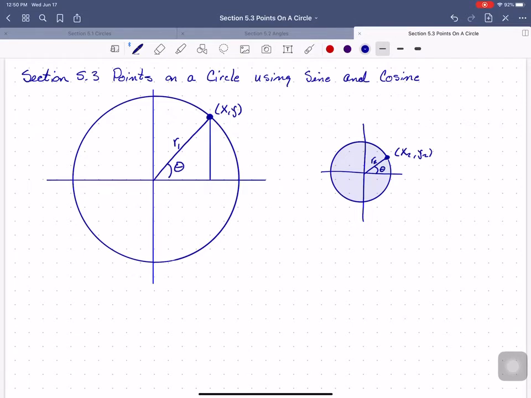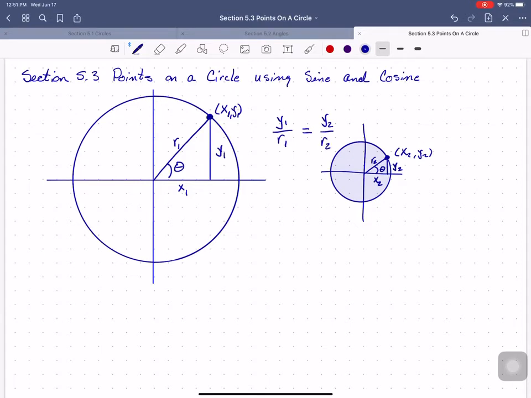Here's the deal. If I repeat this exercise of dropping that vertical, that vertical has a length y2, and this one has a length y1, because this is going to be y1 and x1. It turns out, and I'm going to show you this in Desmos in a second, that the ratios between y1 and r1 are equal regardless of the size of our circles.